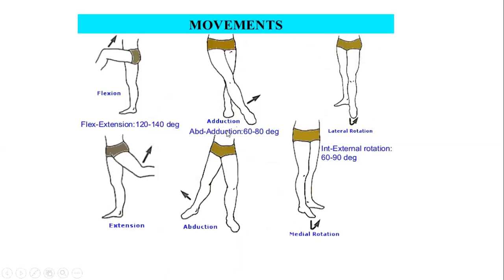Moving on to the final topic in the hip joint, the movements of the hip joint. Since it's a ball and socket type of synovial joint, this shape of the articulating surfaces allows the hip joint to perform various movements like flexion, extension, abduction, adduction, medial rotation, lateral rotation, and a combination of movements called circumduction.